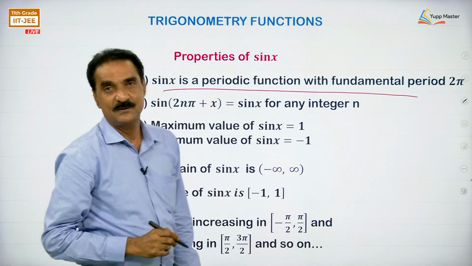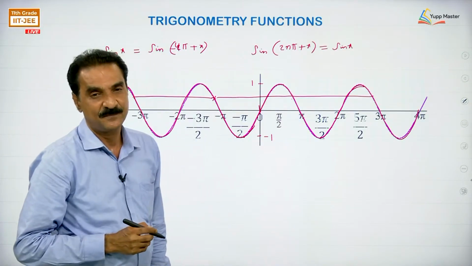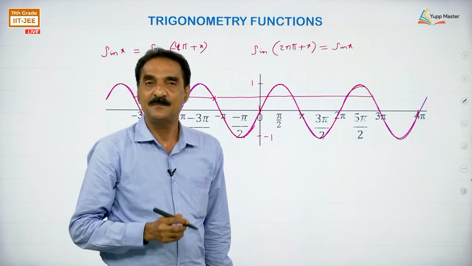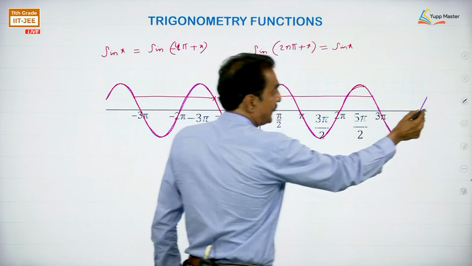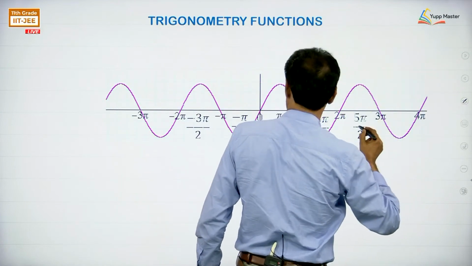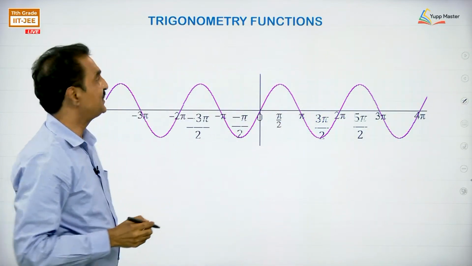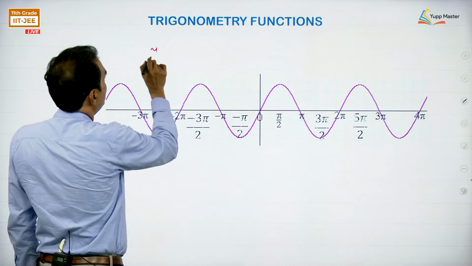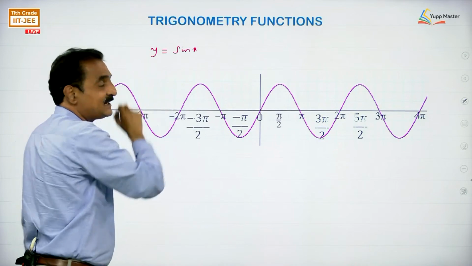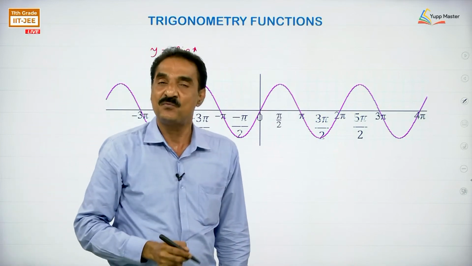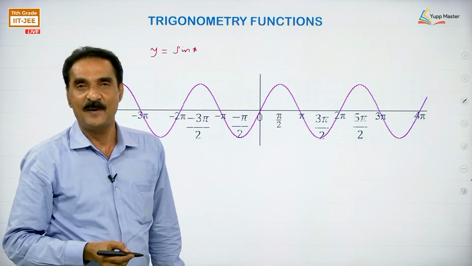Next, domain of sin x. What do you mean by domain of a function? Domain of a function is, if you take y is equal to sin x, the set of values of x for which y is defined is called domain.